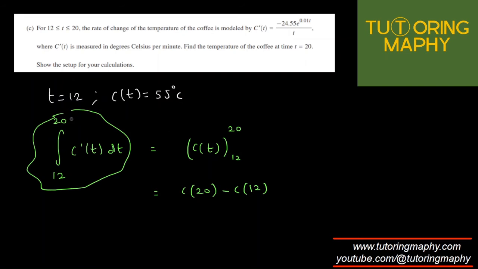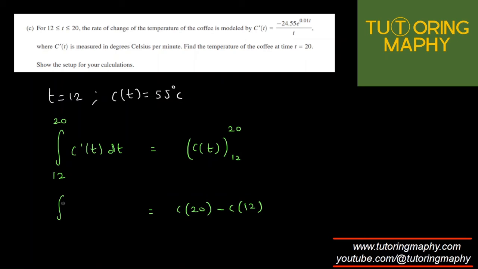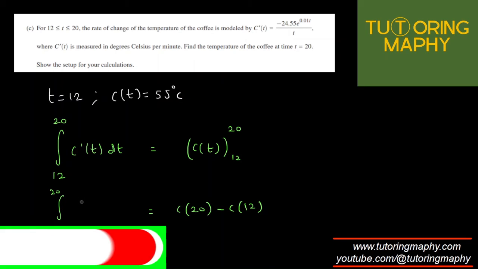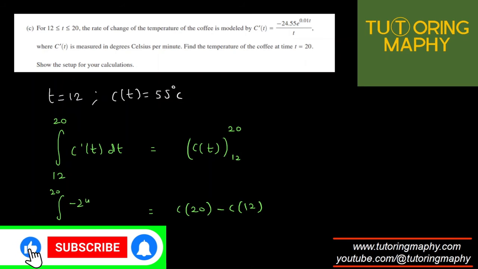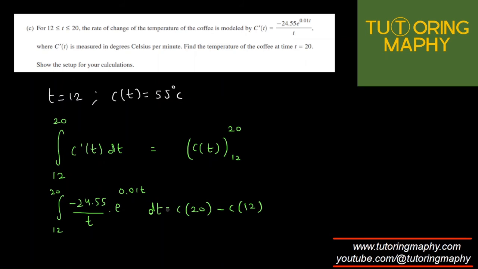And what is this thing? This thing is just plugging into the calculator, right? So let me make some space here, and just to avoid any confusion, I'm going to rewrite the entire C prime T, which is negative 24.55 over T multiplied with e raised to 0.01 T, and obviously there is a dt over here. So let me calculate that.